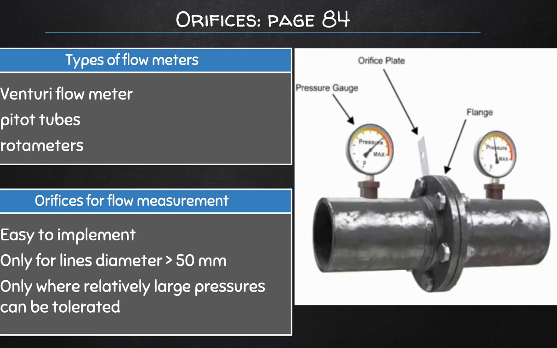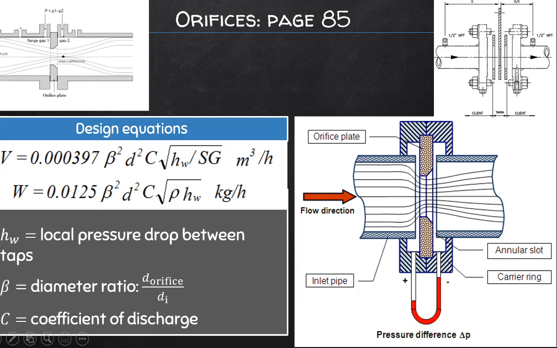Okay, and also where large pressure drops can be tolerated, the pressure drop is what is used here. So the pressure drop across an orifice plate generates a signal, and the signal can then be used for flow control. So both flow measurement as well as flow control. An orifice plate is typically used for flow control as follows.